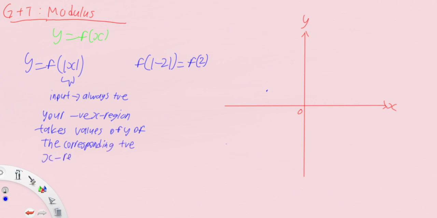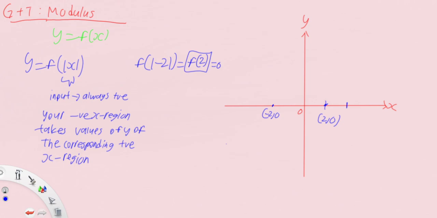So what do I mean by this? Let's say you have (2, 0). In f(|x|), -2 will now become f(2), which equals 0. As such, you now have the point (-2, 0) as well.